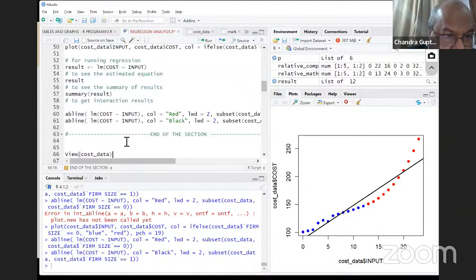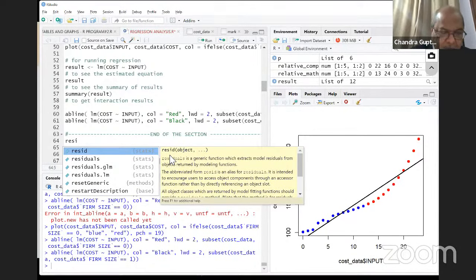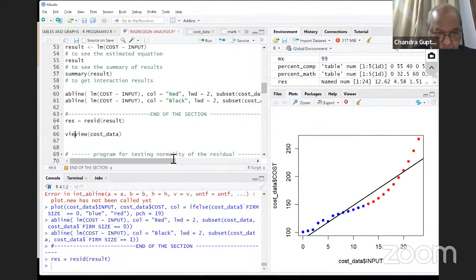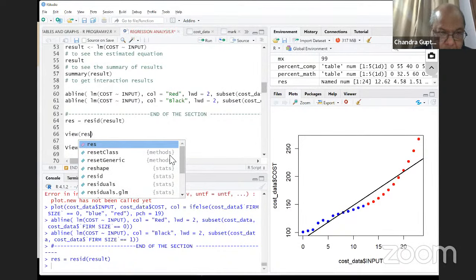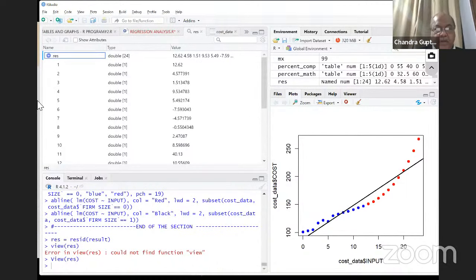Then, okay. If I want to save the residuals, sorry.